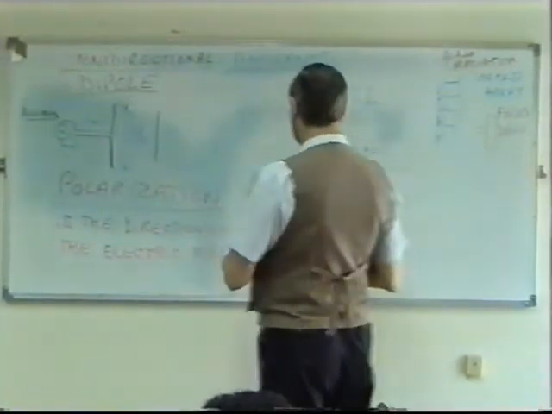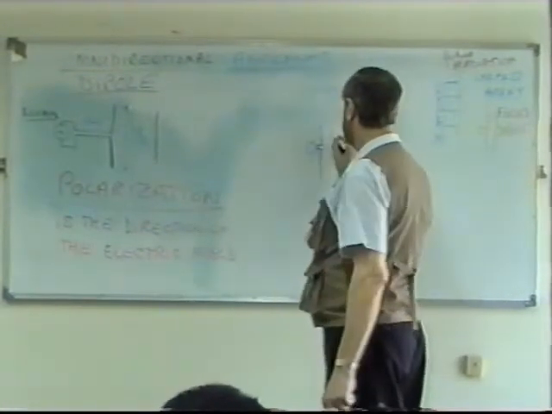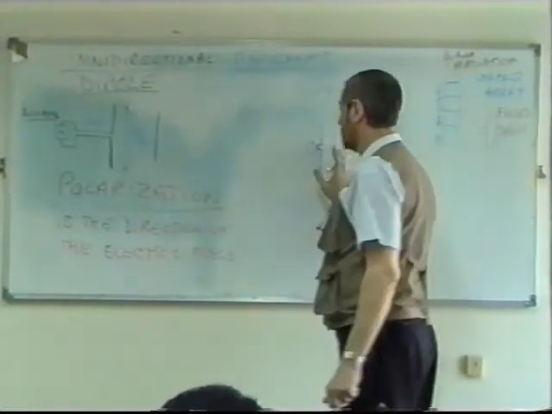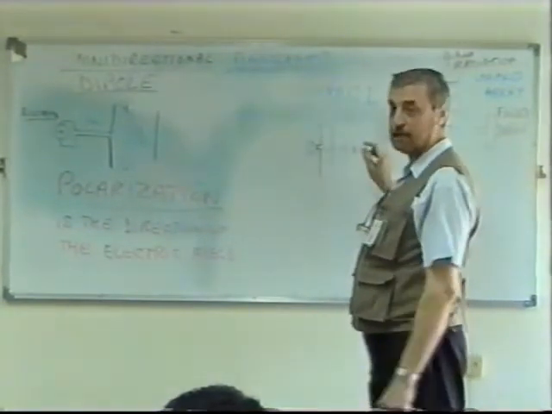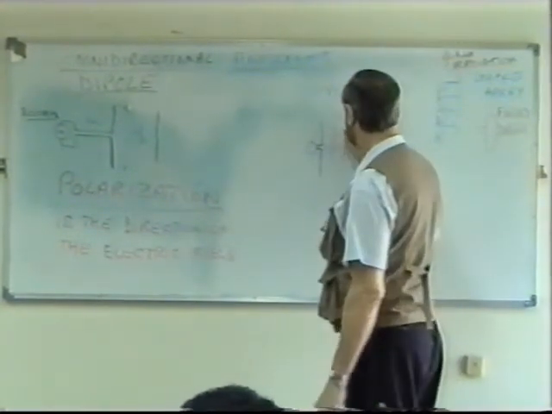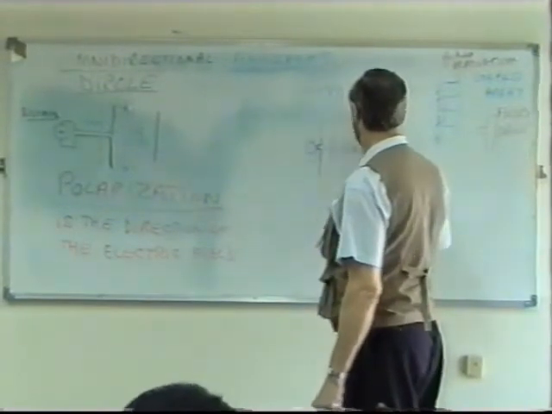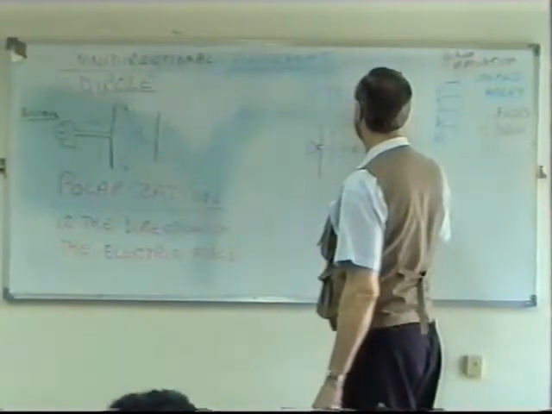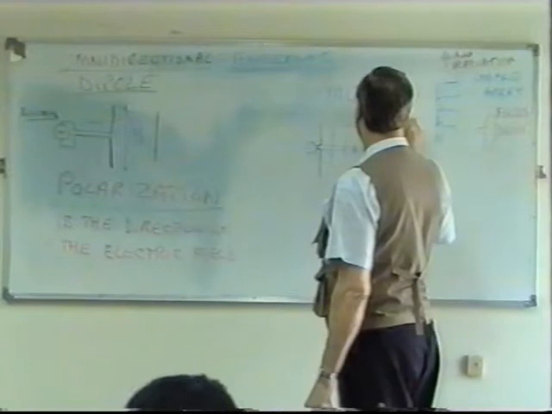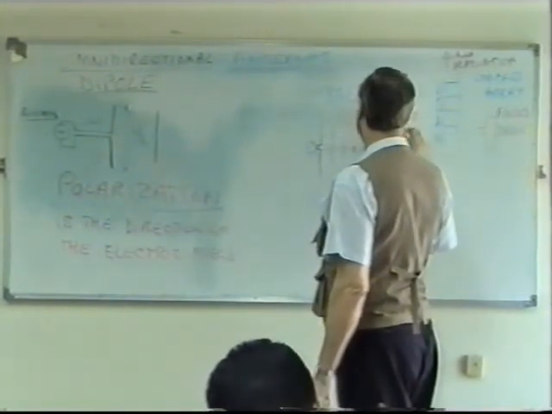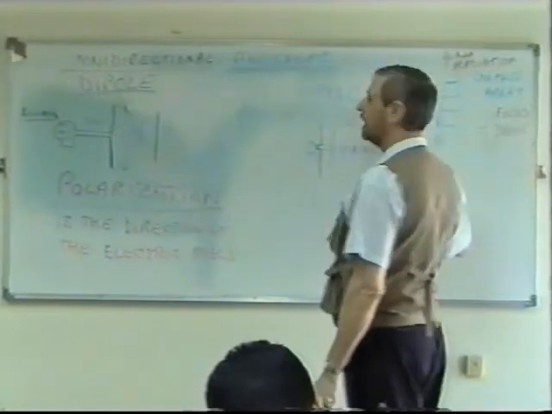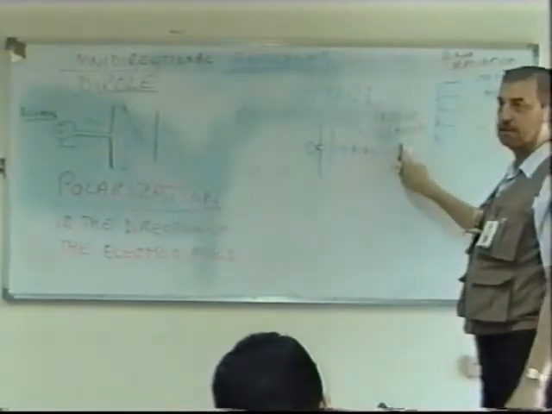So basically, each of these elements here are not connected to the transmitter. They're just what we call passive elements. Elements are parts of the aerial, or parts of the antenna.